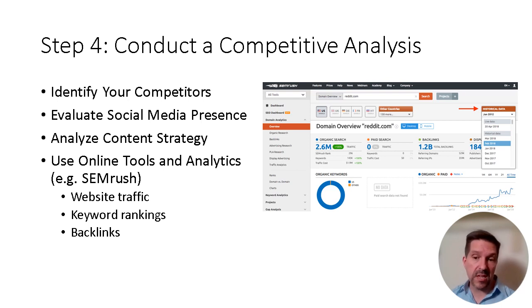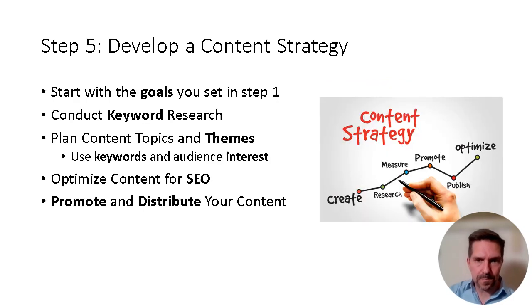Some of these can actually be obtained for free. Ahrefs, for example, has a free backlink assessment that is going to tell you how many other websites are linking to your site as one of their links or references. And again, you can get more detailed information, but at least it's a start.